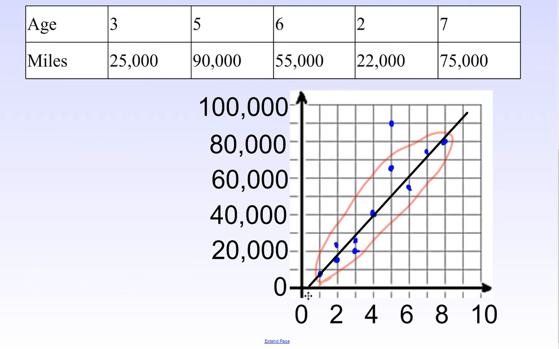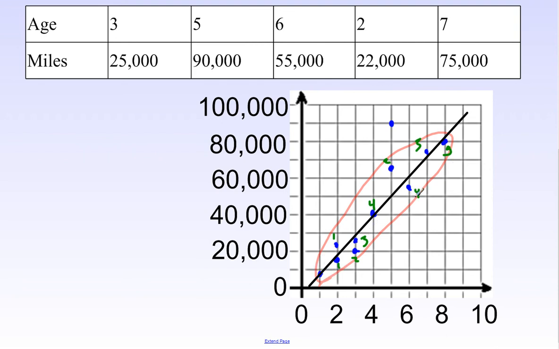Something else to consider when you're drawing your line of best fit is you should have roughly the same number of points above your line as below the line. Now, I didn't count them when I drew my line in here. So let's see here. This one's on. I've got like 1, 2, 3, 4 above, 1, 2, 3, 4, 5 below. That guy is right on.